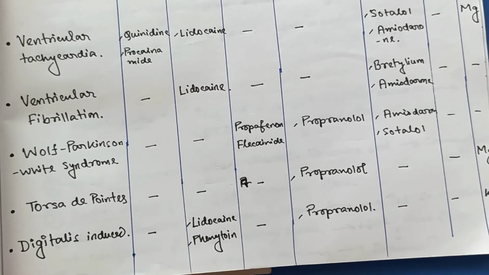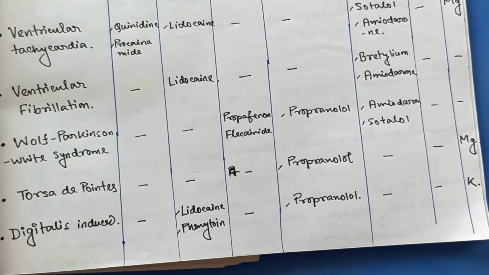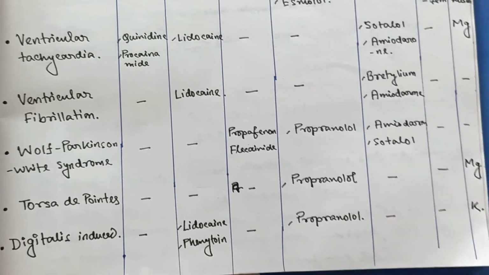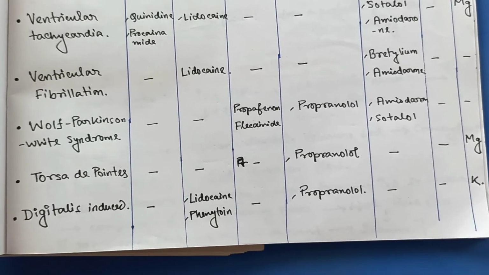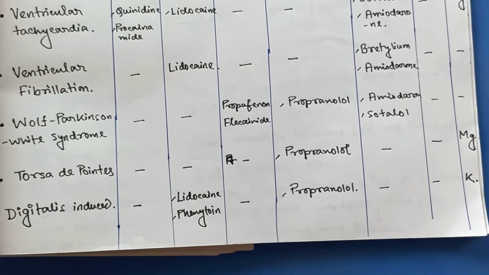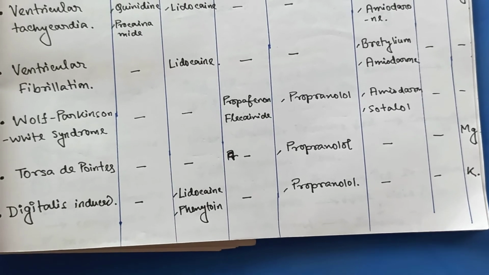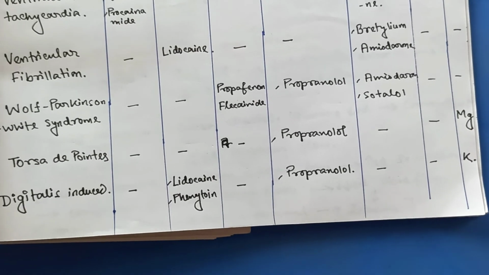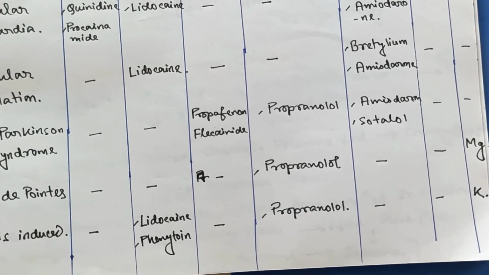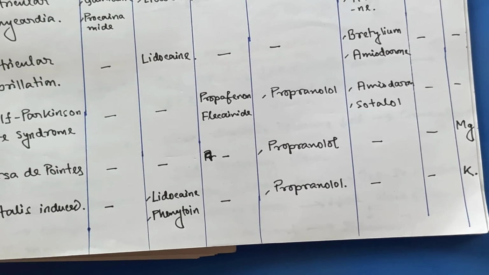For torsades de pointes, type 2 drugs are mainly prescribed, exclusively propranolol, along with some effect of magnesium in the miscellaneous group. In digitalis induced arrhythmia, type 1B, that is lidocaine or phenytoin, which mainly reduce the effective refractory period by blocking the inactivated sodium channels, are prescribed. Along with type 2 like propranolol, which are mainly beta blockers, and some miscellaneous like potassium supplements are given.